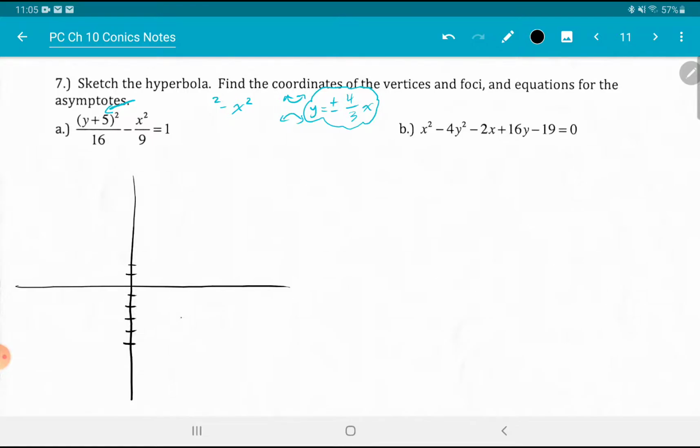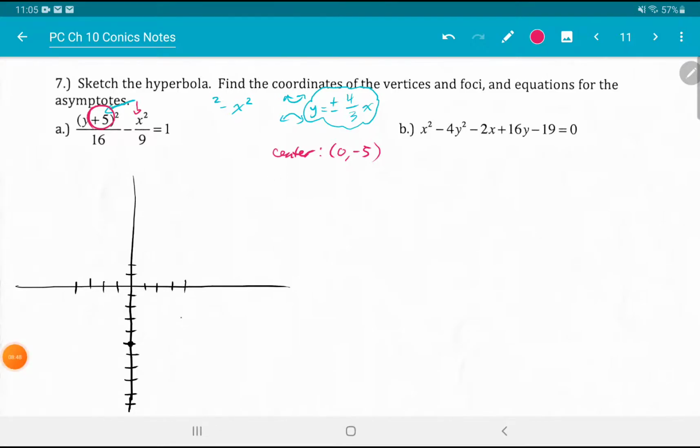That's where the center is. I think that should be enough. So we know that the center being at plus 5 along the y tells us that the center is going to be at 0, negative 5, because the x has not moved at all.